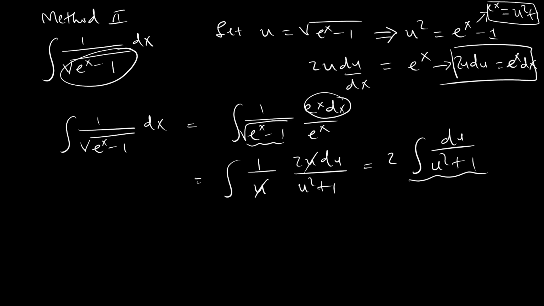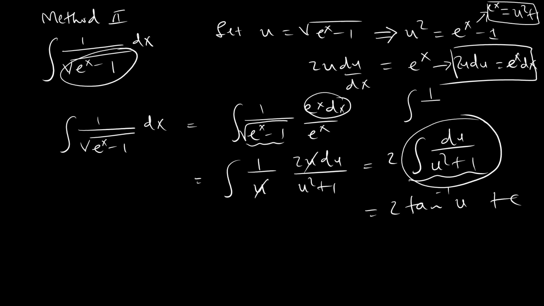And this is a famous integral. I won't labor to show the solution to that, but the integral of 1 over x squared plus 1 is arctangent of x plus c. So this here is a famous integral, and we're just going to borrow from that.